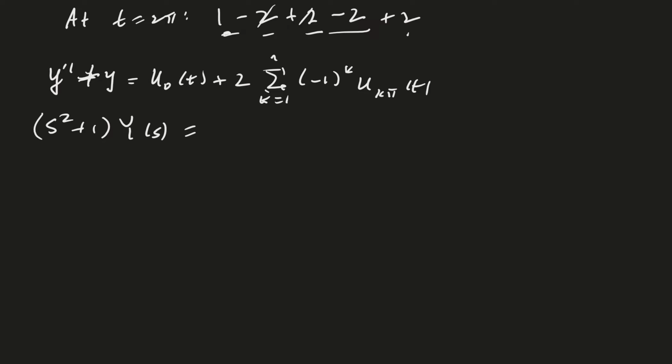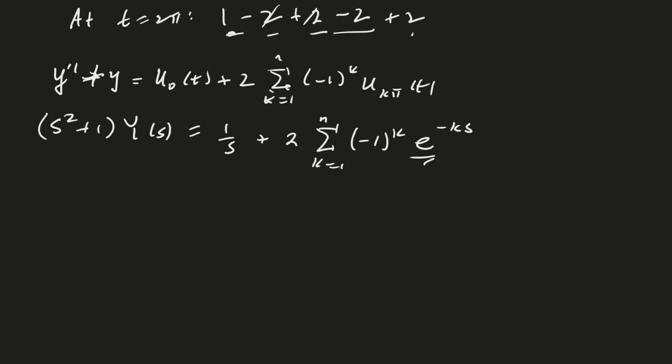Do you remember? Let's see, that's a 1, so that's going to be a 1 over s plus 2 times the sum, k equals 1 to n of minus 1 to the k, and that's just going to be e to the minus ks, right? Good. All right. Oop, divided by s. I was thinking of the Dirac delta function. Okay, starting to lose my memory here. This is a bummer, getting old.